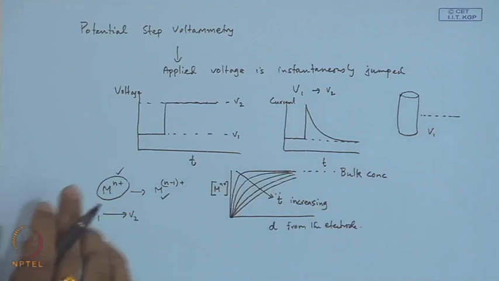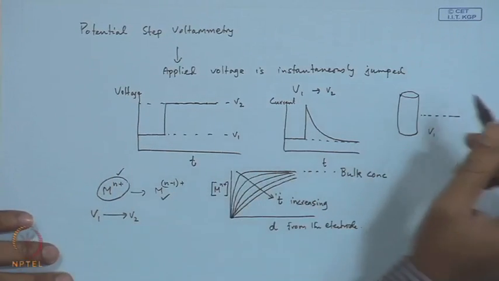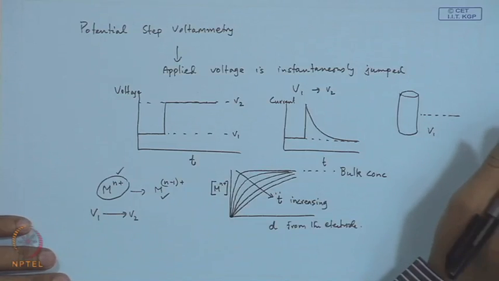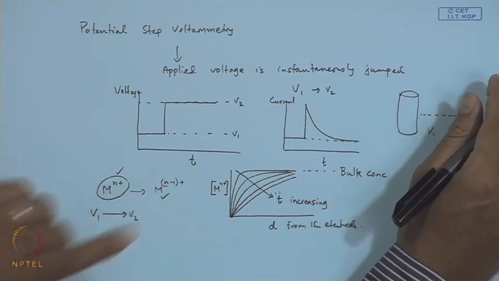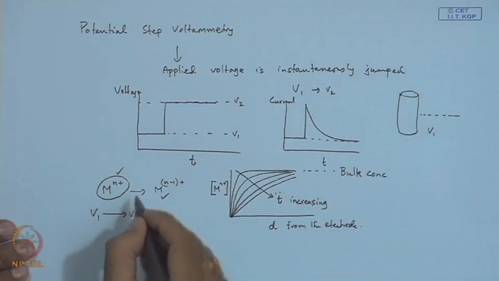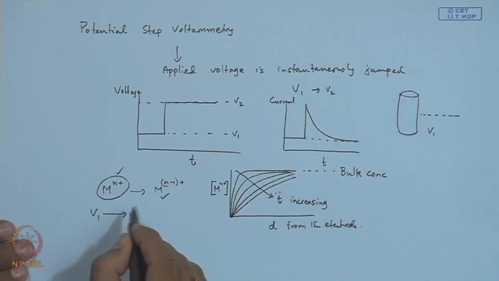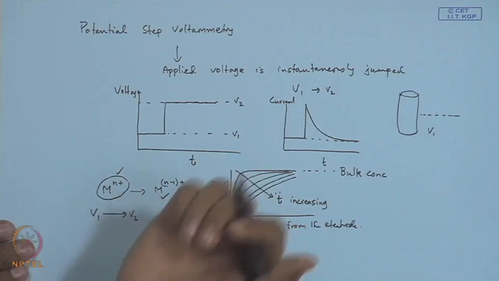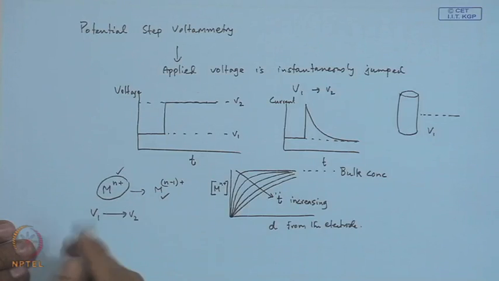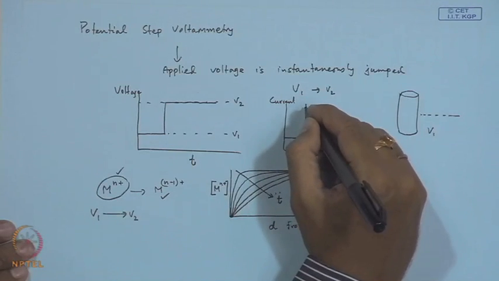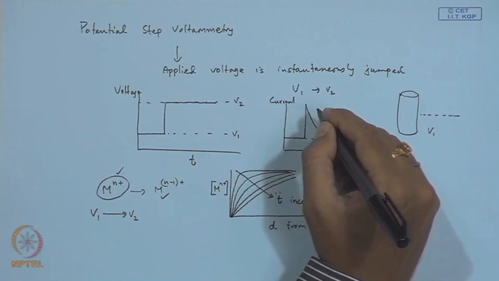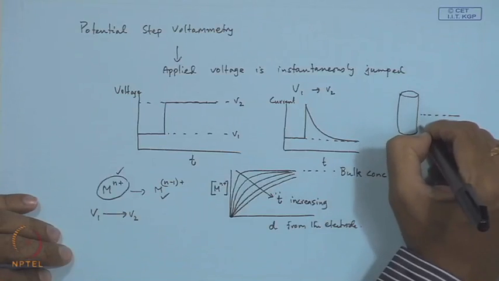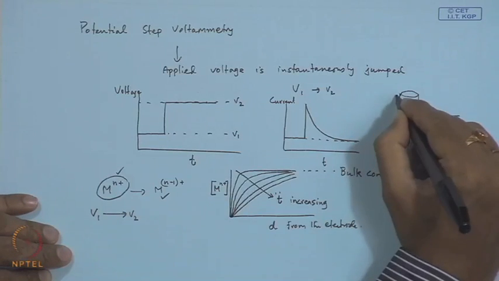Okay. And once the step occurs, this reaction occurs and a large current flows, since electrons are required to reduce. So, large current is flowing, that is why it is hugely up. The first layer of this metal is depleted.